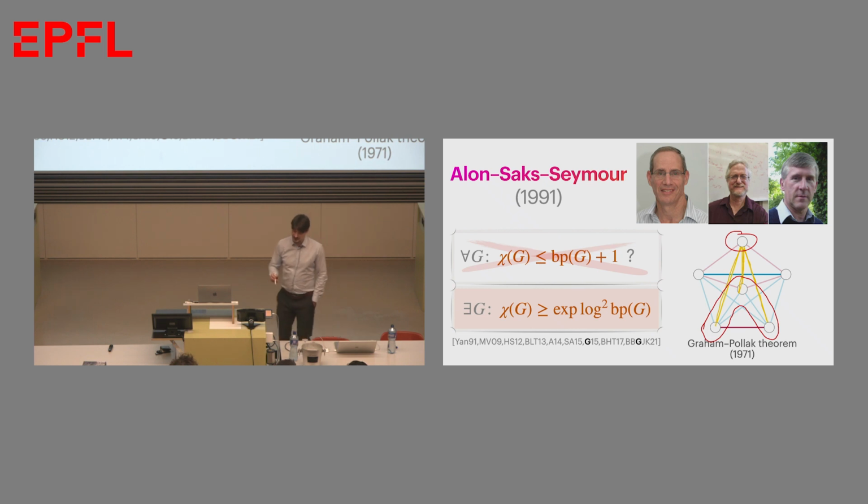So we're able to construct a graph whose chromatic number is a lot higher than its biclique partition number. So this is some quasi-polynomial function of the biclique number. It may seem like a weird sort of function, but it's optimal. It's been known since the 90s that this is the largest gap you can have between the two quantities.